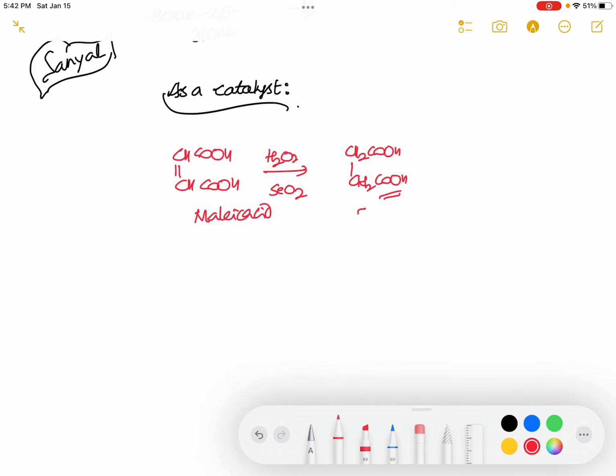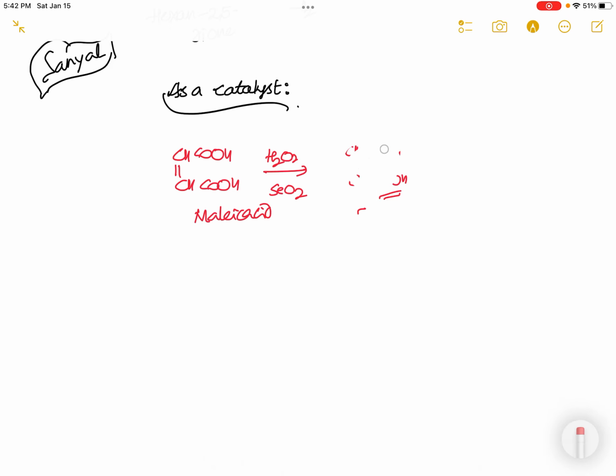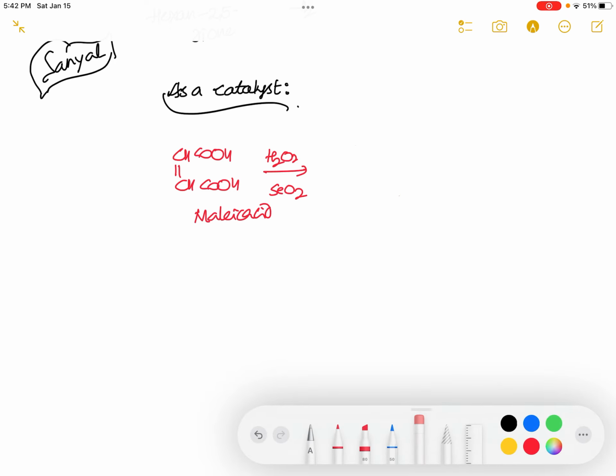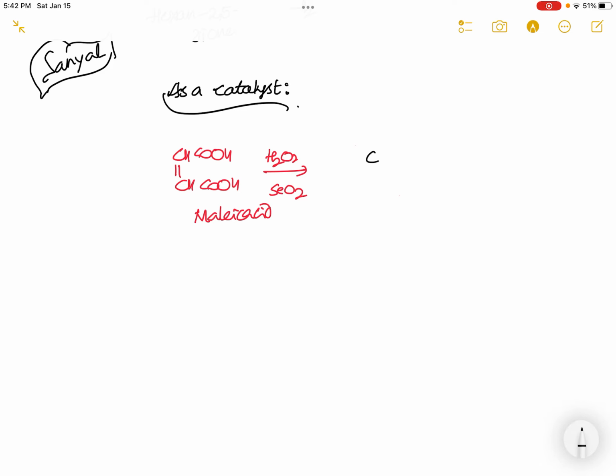CH, CH will be there, and this is COOH. H2O2 is the oxidizing agent, one OH here, one OH here. This is tartaric acid. Tartaric acid is formed in this reaction.